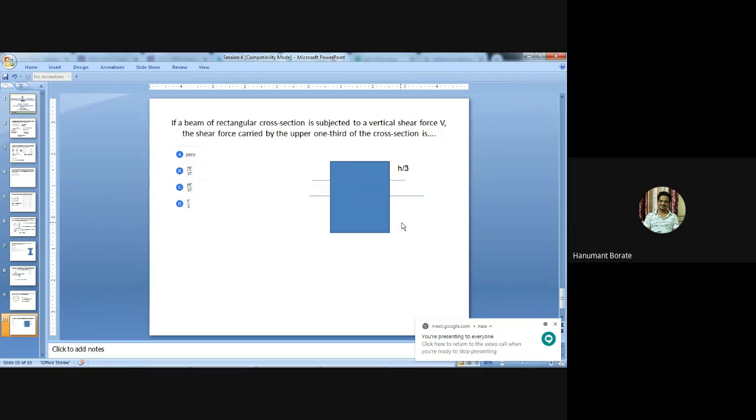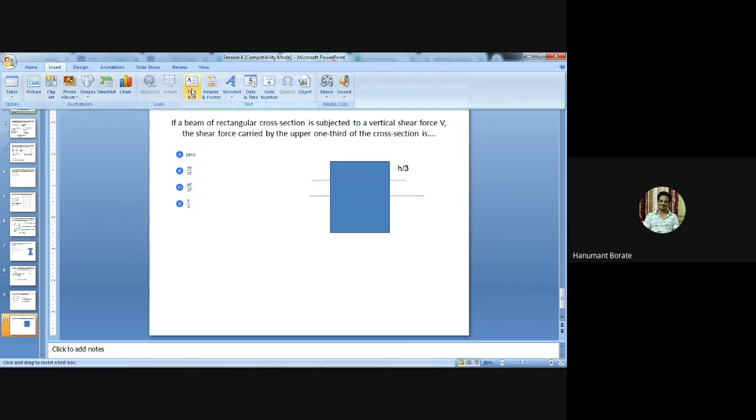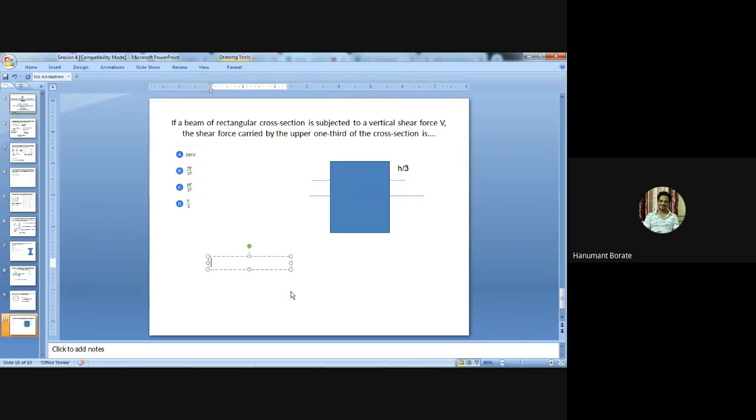The value of shear force for the rectangle cross section, how can we calculate? So we need to write the basic equation. That basic equation is tau equal to, means we need to solve the derivation.